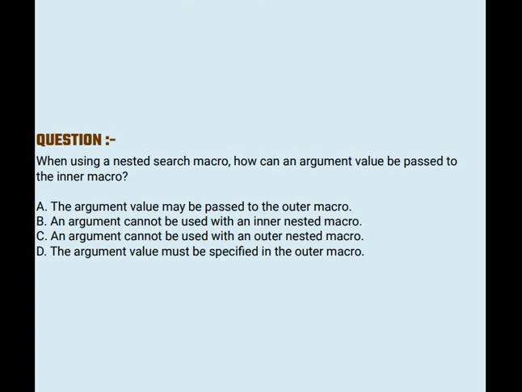Option B, an argument cannot be used with an inner nested macro. Option C, an argument cannot be used with an outer nested macro. And option D, the argument value must be specified in the outer macro. The correct answer is option A.